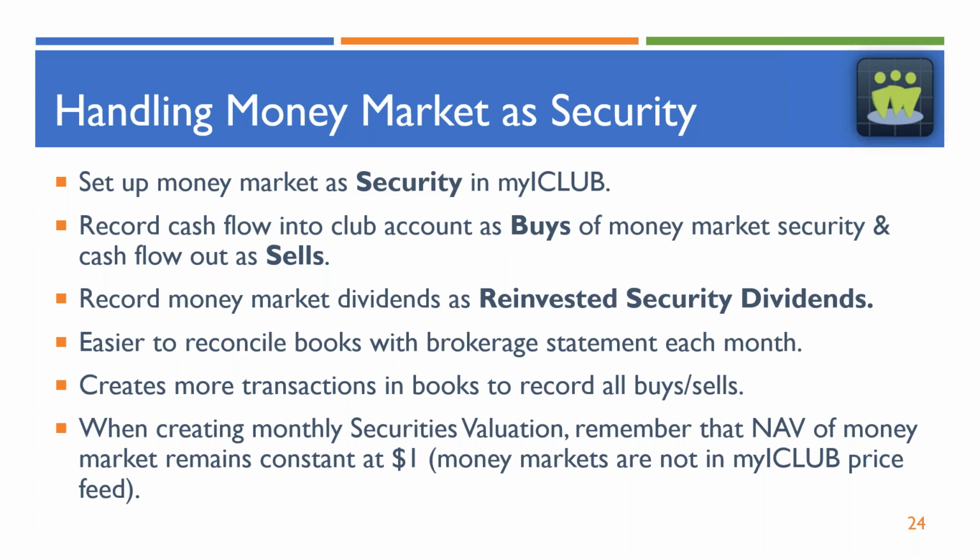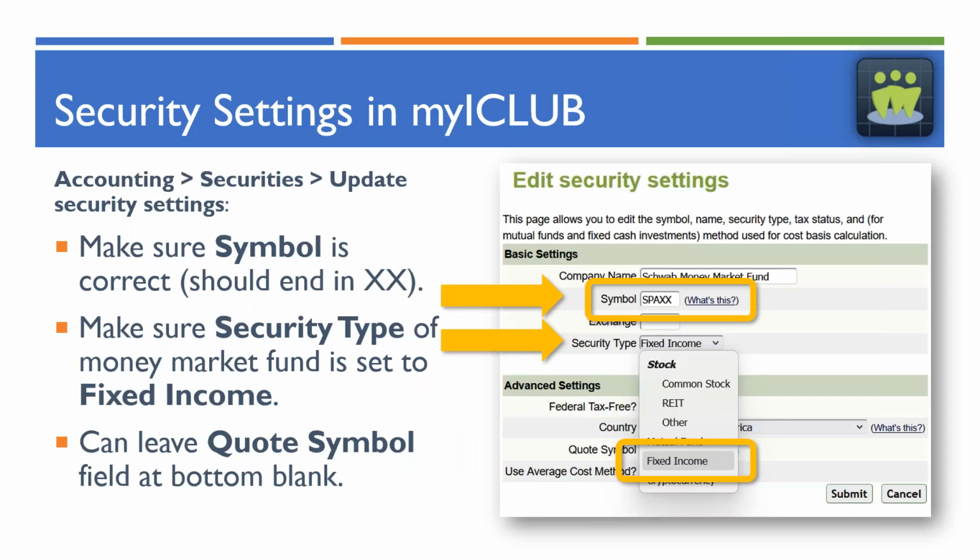All right, and this is also something our site does attempt to recognize and auto-treat the money markets correctly, but we do encourage, just in case, if nothing else for the reports, that once you add a money market for the first time, you go under accounting, securities, and update security settings.